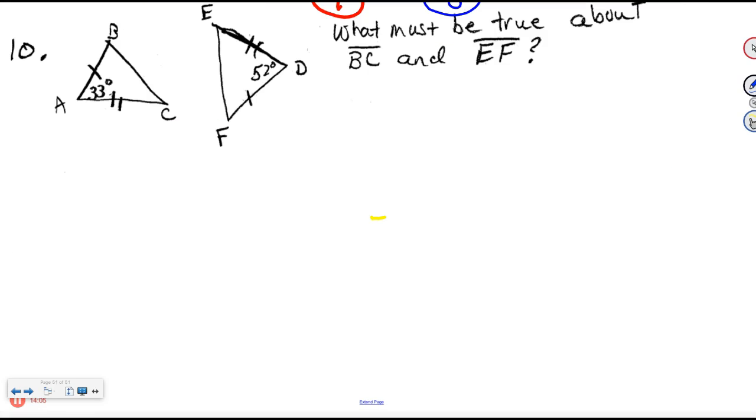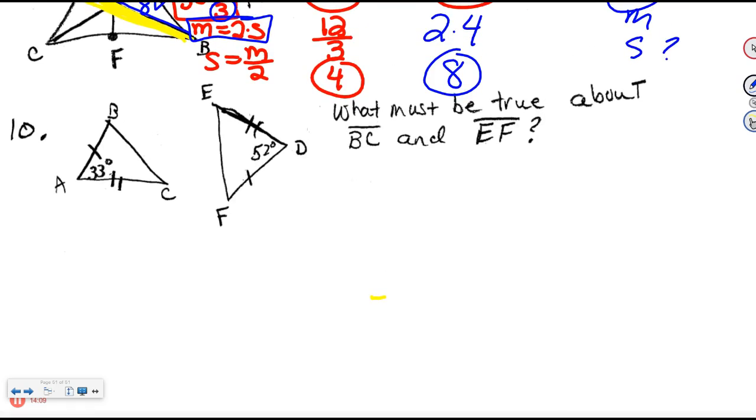And last, number 10. What must be true about BC across from a 33-degree angle and EF across from a 52-degree angle? When you're across from the bigger angle, you're longer. So what I know is one of 2 things. It depends. If it's multiple choice, I choose one of these 2 things.